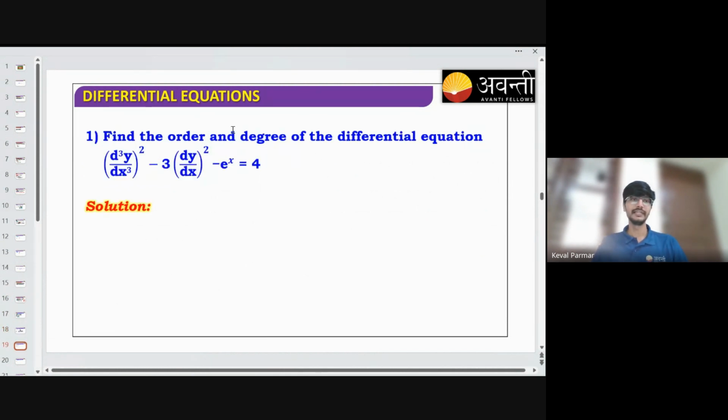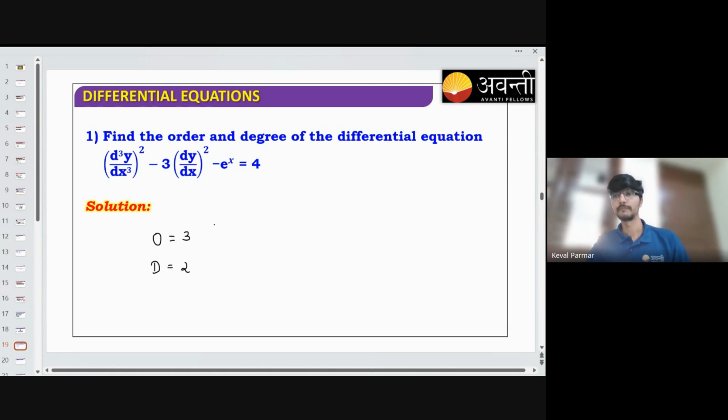Find the order and degree. Come on. Tell me what is the order and tell me what is the degree. Very simple sum. Now we'll be doing only questions. Okay, very good. Superb. Akhil is saying order is 3 and degree is 2, which is right.